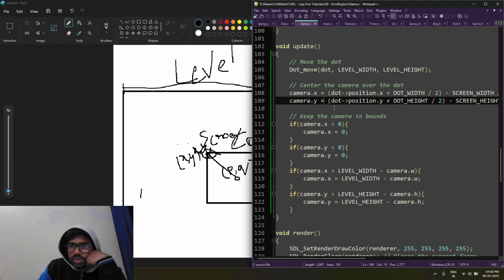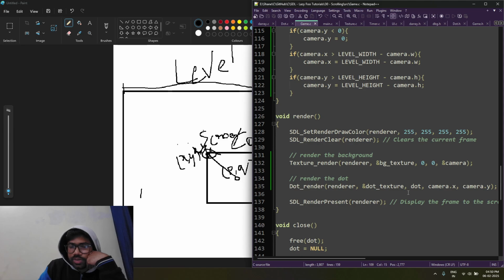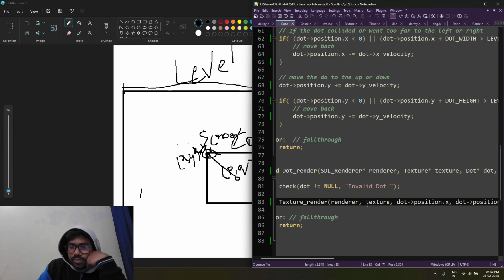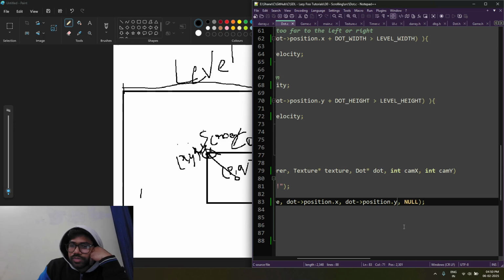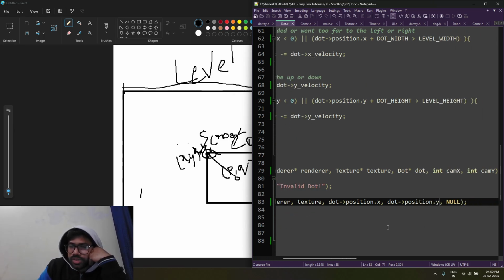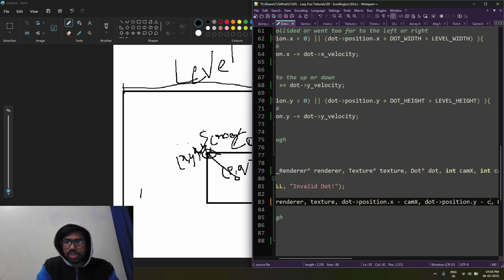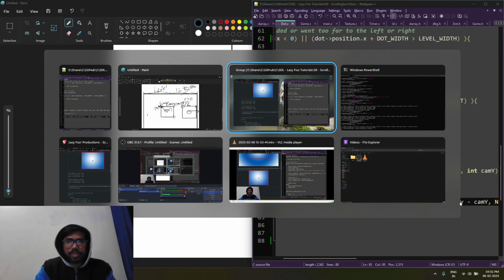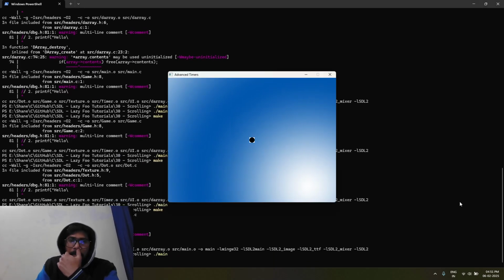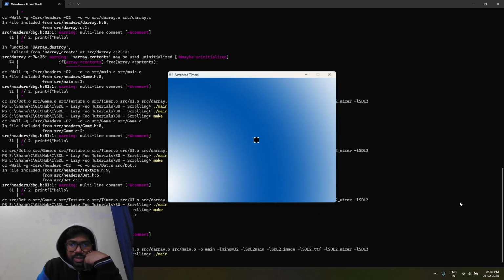Camera dot x, camera dot y, position minus cam x, centered.